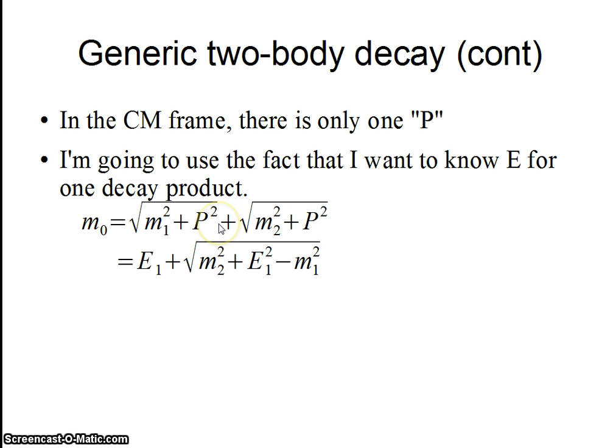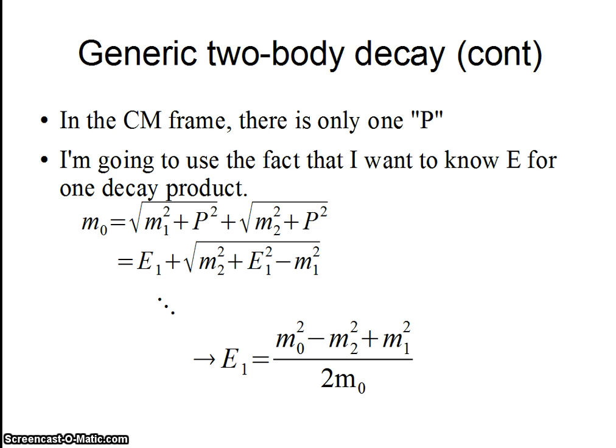That momentum I can write in terms of E squared and m squared for the first particle and stick that in for the second. And I can say that the energy of the first particle, first being whichever one I want to consider in the asymmetric case, the light one, or either one in the symmetric case, I can do a little algebra with that, and I can find that the energy of this particle is given by a function of all the masses involved.